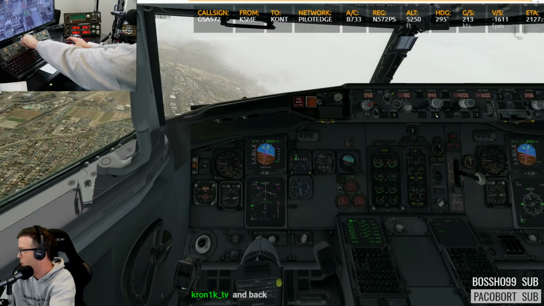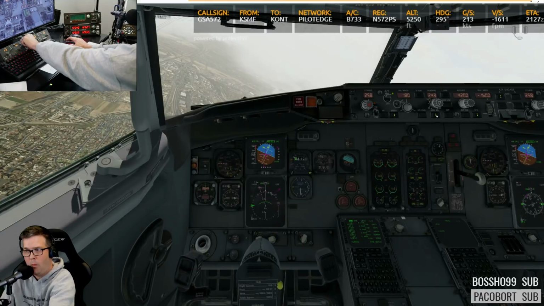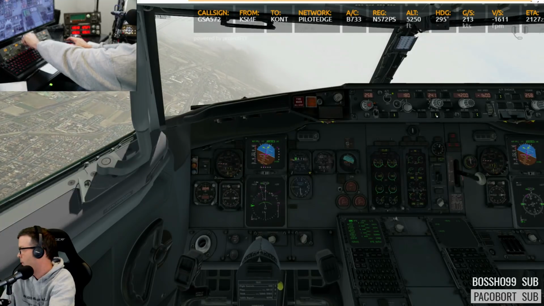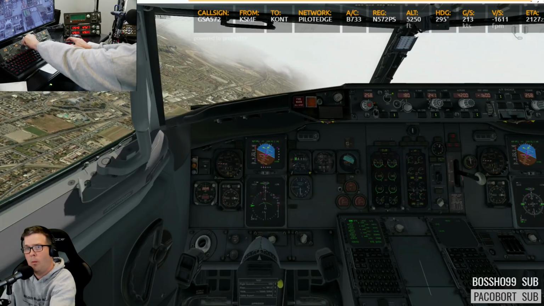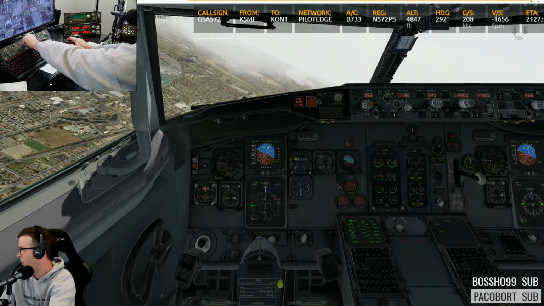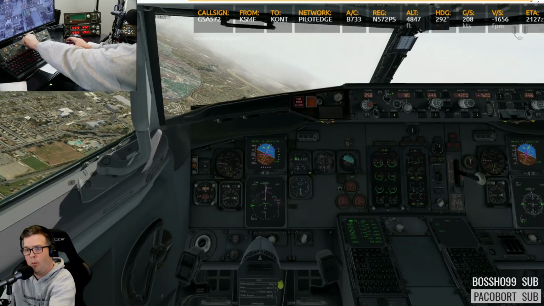Palmdale altimeter 2986. Altimeter 2986, down to Charlie X-ray.